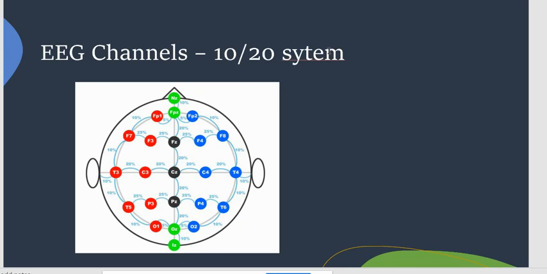And these 2 points are the nasion and the inion points. And on this scale, every electrode has a specific name. Over here in the studies that we will be using, we have data captured across 62 channels and 32 channels.